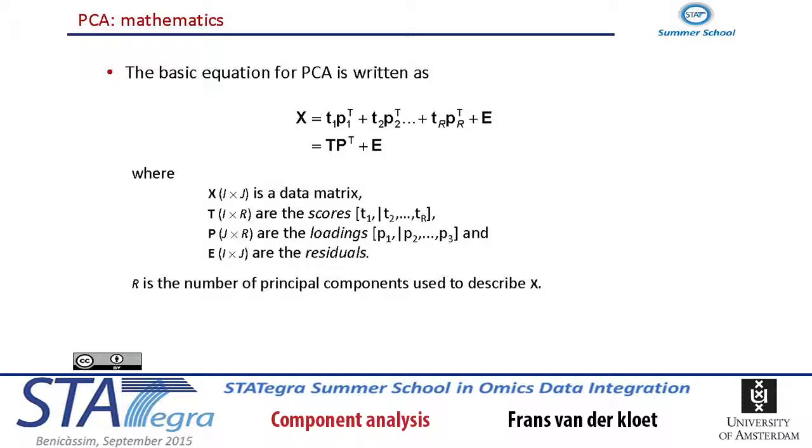This is the abbreviation of it: my scores times my loadings, these are factors to be honest, and this is the matrix plus an error term, where X is my data matrix, T the scores, P the loadings, so they're concatenated, E are the residuals, and R is the number of principal components that I've selected.